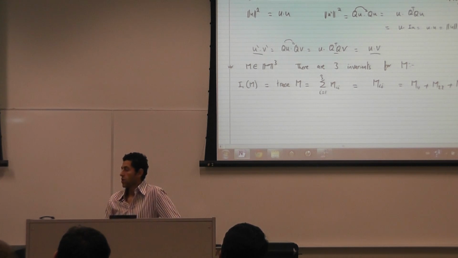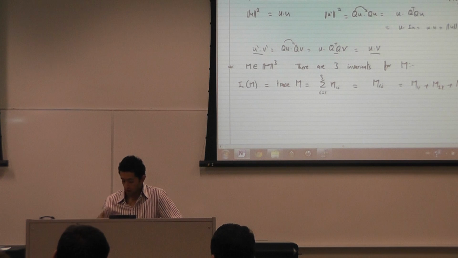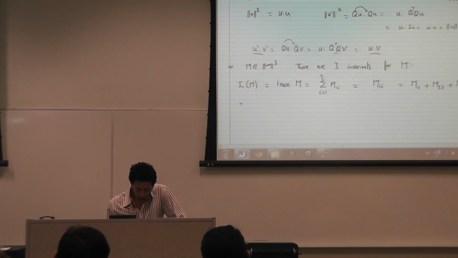The sum of the diagonal components is equal. Whatever coordinate system you use, the sum of the diagonal components is equal. Let's check it out. I1 of M prime is equal to I1 of Q M Q transpose.